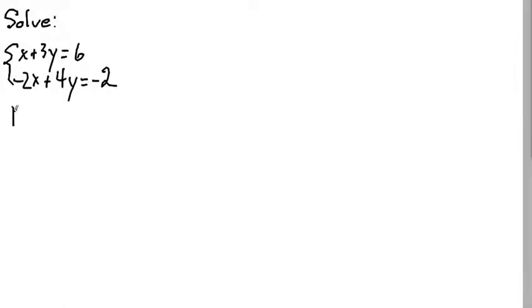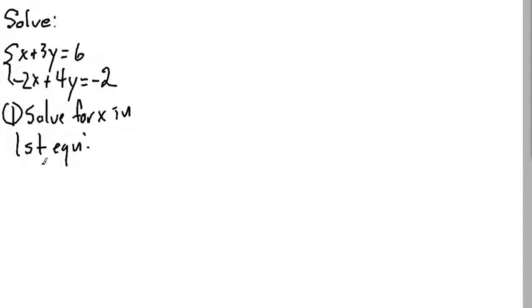So our first step is going to be solve for x in the first equation. We can choose either variable and either equation, but we've strategized and said that solving for x in this equation will be the easiest thing to do.